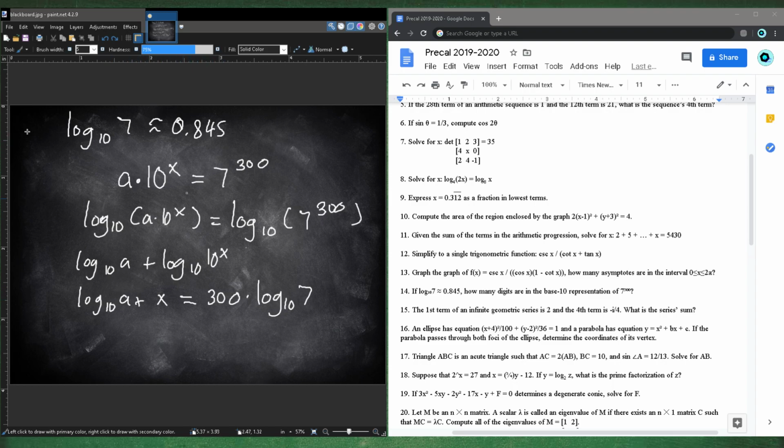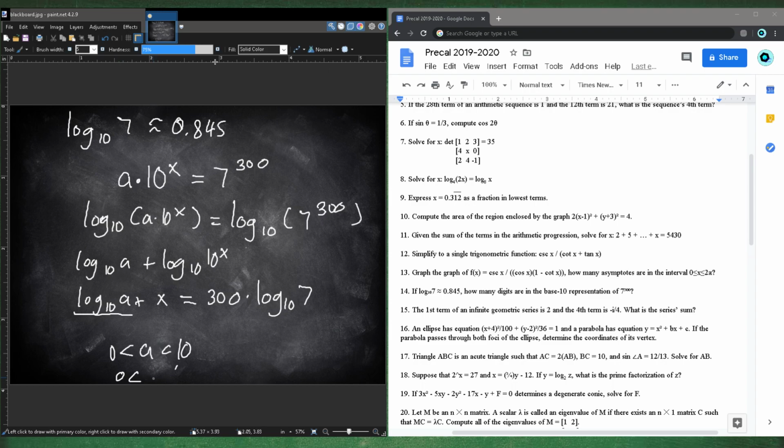So how do we interpret these decimals? We're looking for x. Why are there decimals? Because we have log 10 of a, and a is between 0 and 10, so it's not going to multiply evenly to 10. Log of any number from 0 to 10 is going to go from some number that doesn't make sense up to 1.